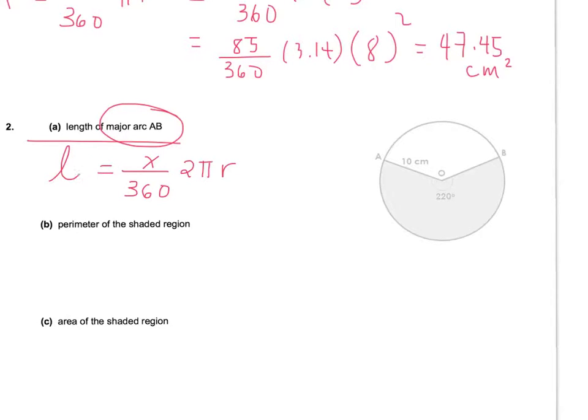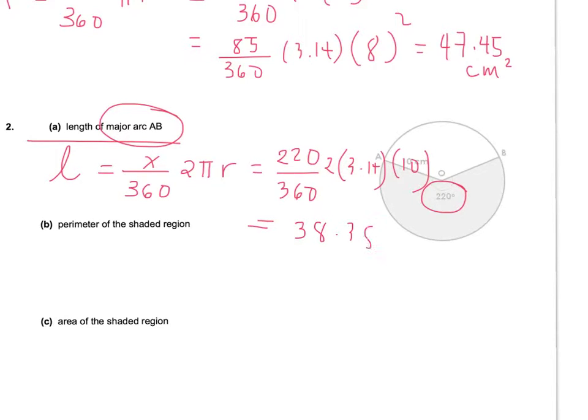So if this is length, it's L. x is 220, that is the angle given, over 360, then you have 2, pi is 3.14, and then the radius is 10. Simplify that number and you will get the final answer. If we simplify it, this is 38.38 and the unit is cm.